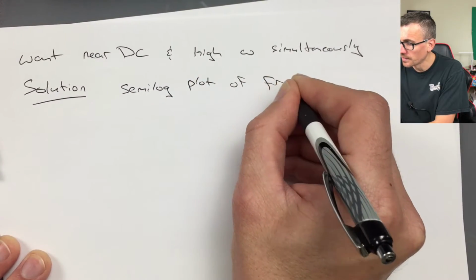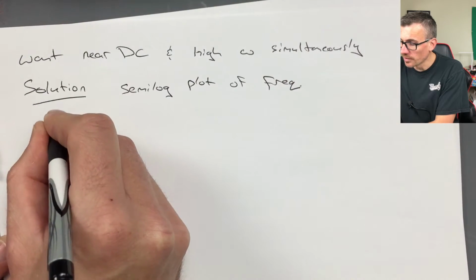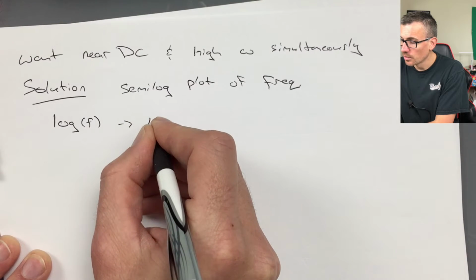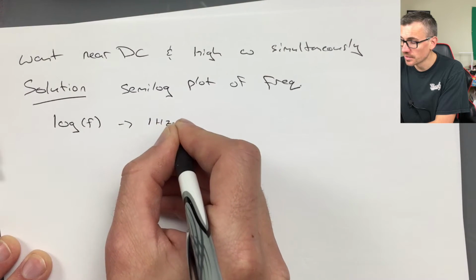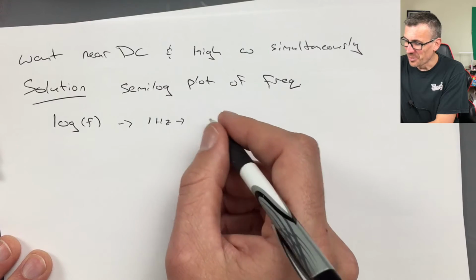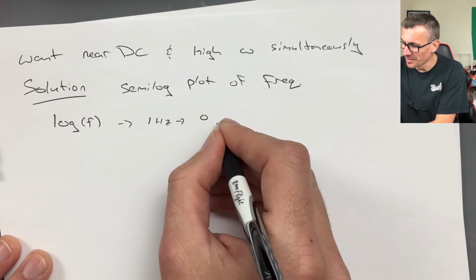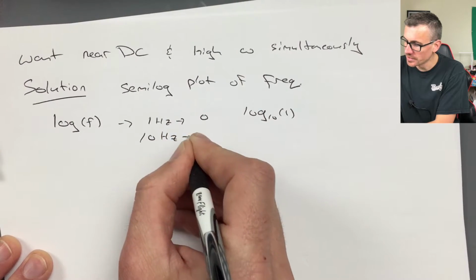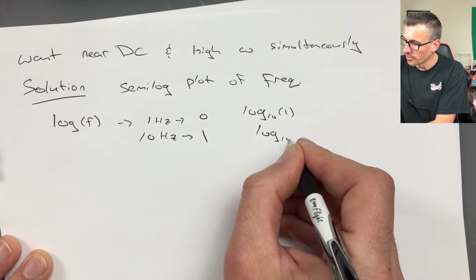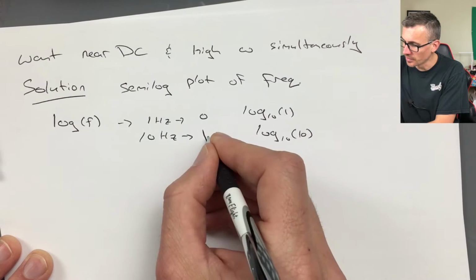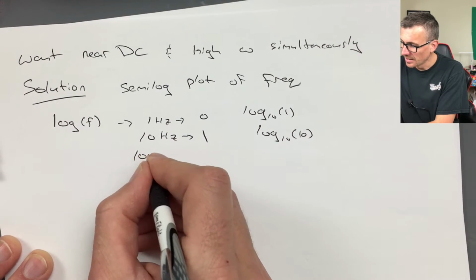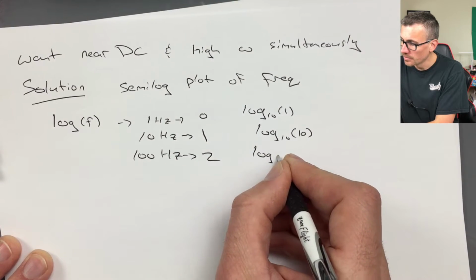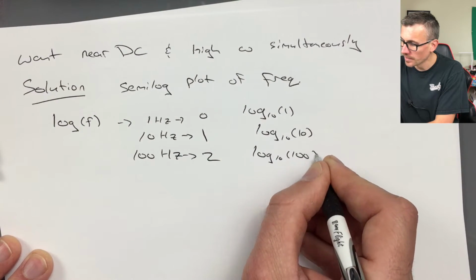of frequency. And what I'm going to plot then is the log of frequency. So 1 hertz, door just blew open, 1 hertz is going to go to 0, log base 10 of 1. 10 hertz is going to go to 1, log base 10 of 10 is 1. 100 hertz is going to go to 2, because log base 10 of 100.